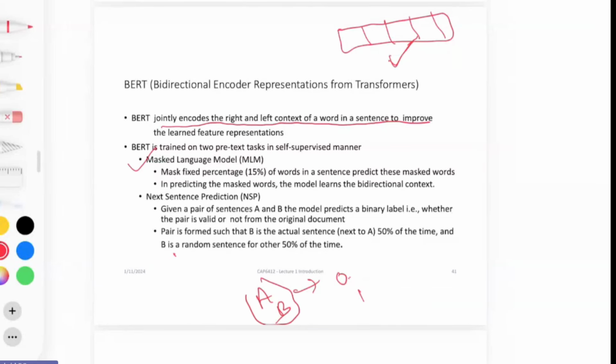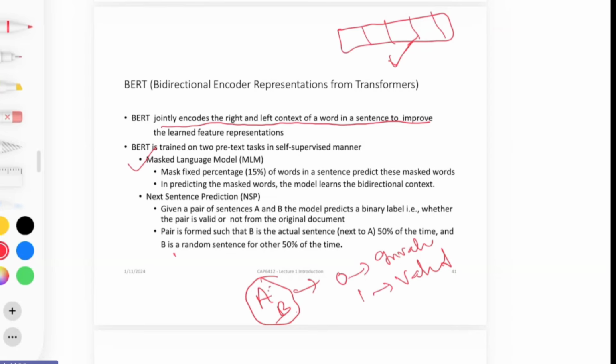Suppose you take 0 for invalid and 1 for valid. If your model says 1 when you give A, B, that means the pair is valid. When it gives 0, the pair is invalid.